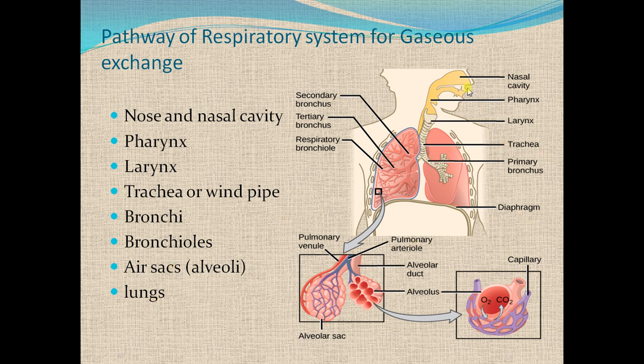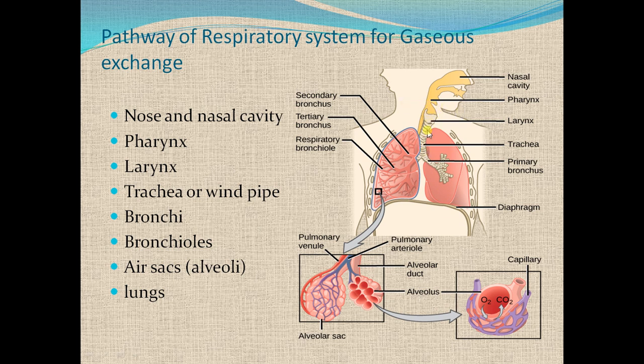These are the nostrils. These nostrils lead to a cavity that is called nasal cavity. Then there is a short portion. This is called pharynx. Pharynx region. This is actually the throat region.